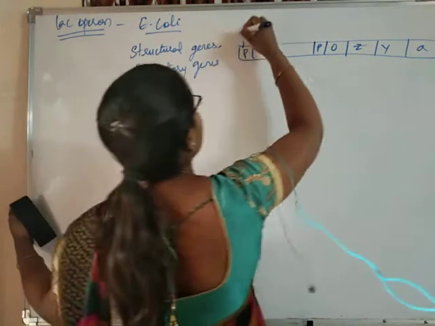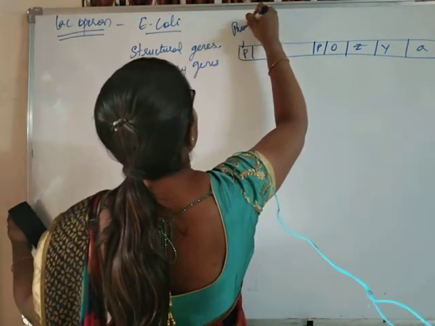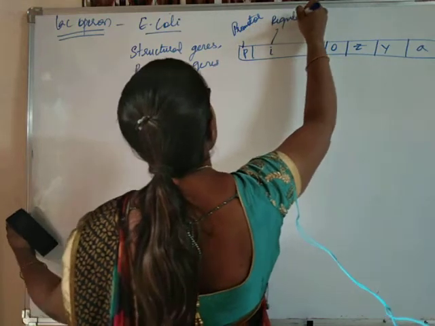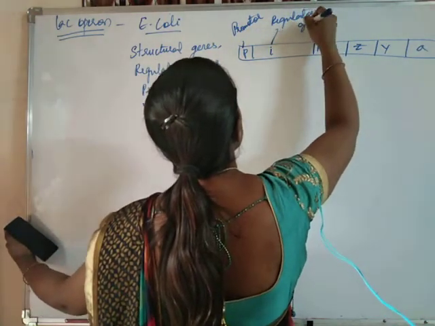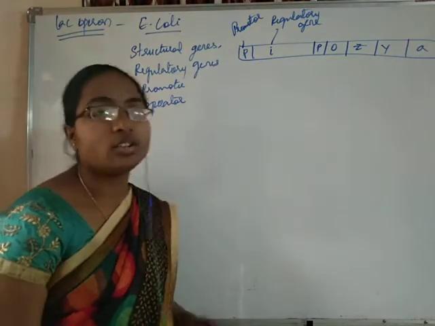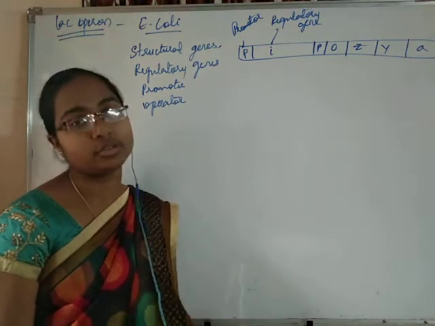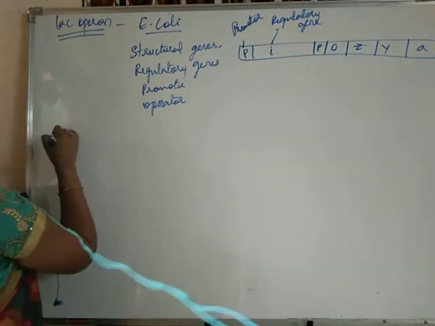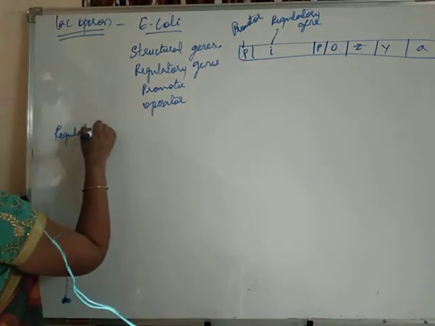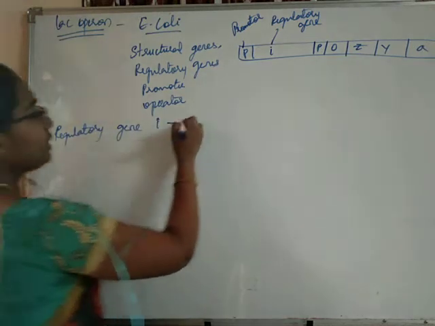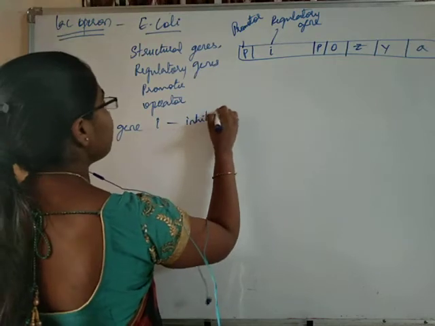So this P is indicating the promoter. I is indicating the regulatory gene. Here I is not meant as inducer. I means inhibitor. Here the regulatory gene is indicated using I. This means it is an inhibitory gene.